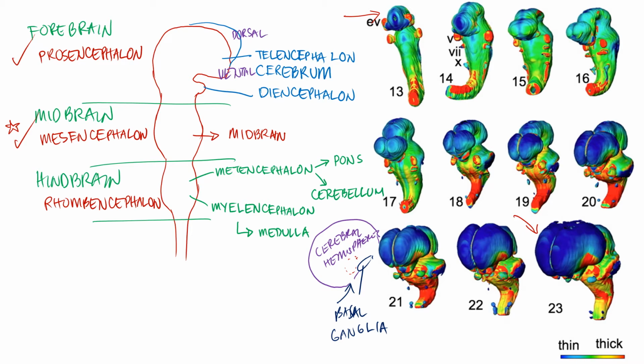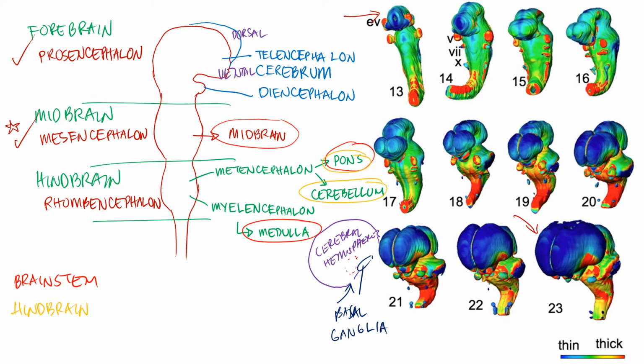So basically, when you talk about the brain stem, part of your brain stem is your midbrain, pons, and medulla. Okay? So when you're talking about hindbrain, you're talking about pons, cerebellum, and medulla.